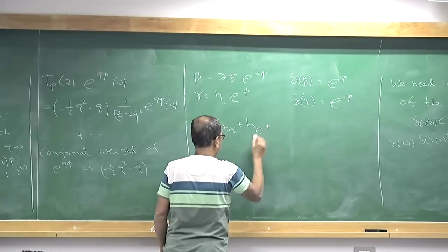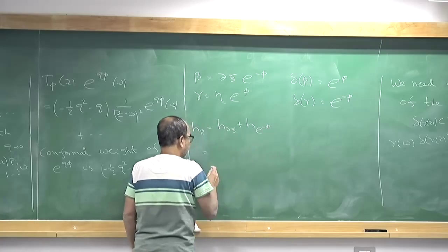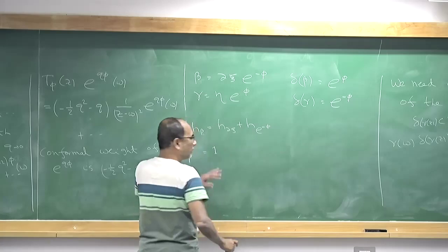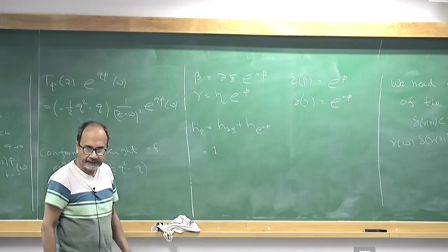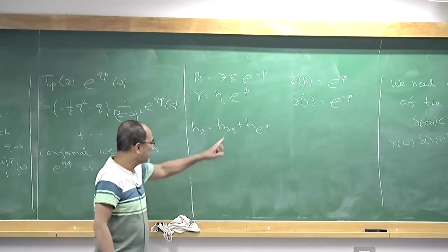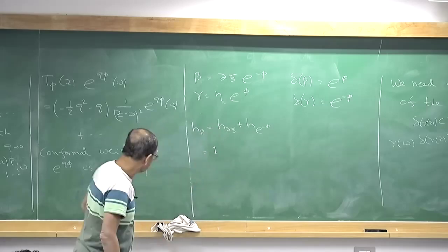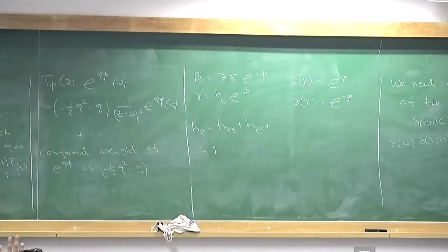Let's check that. H of del xi is 1; I'm not counting the left moving part because that's always 0. Xi is dimension 0, and del xi is dimension 1.